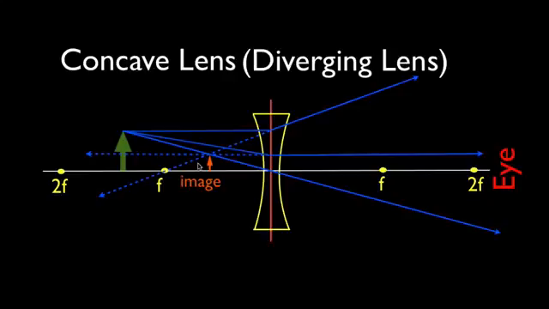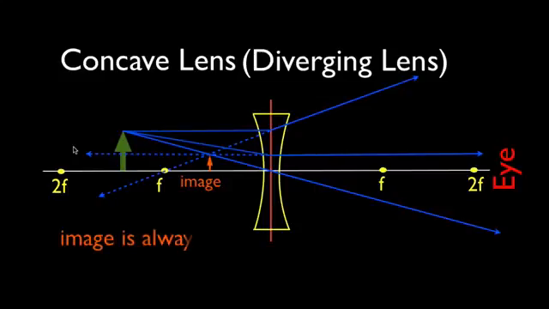Now you should remember that in the previous two videos, the one for the convex lens and the concave mirror, there were 5 different ray diagrams you needed to know how to draw. For the concave lens, okay, there's only one. It doesn't matter where the object is on this side of the lens.